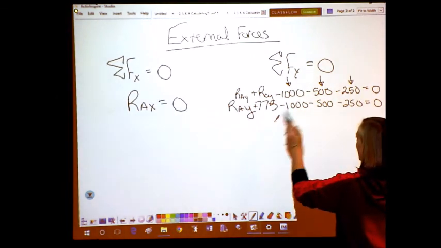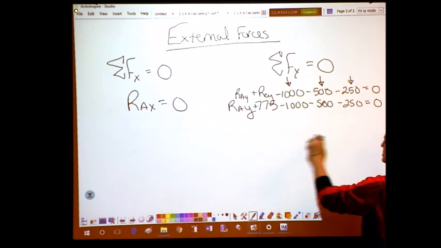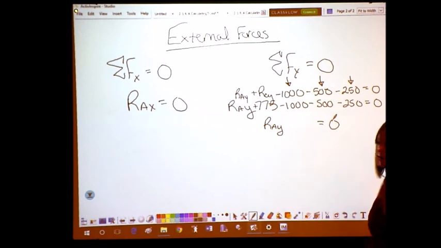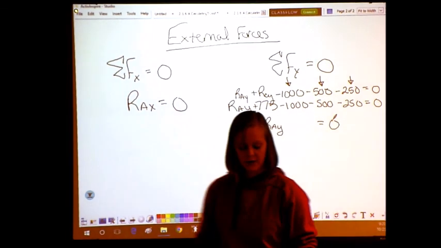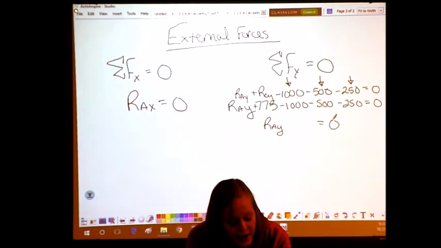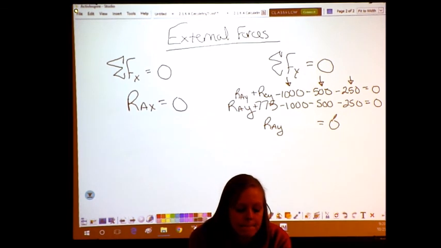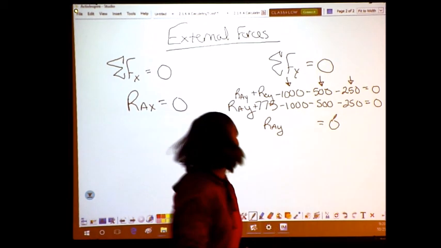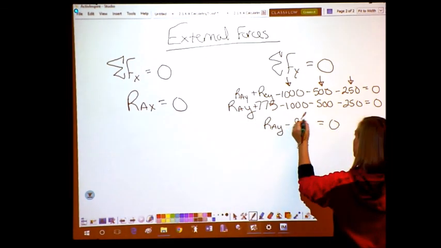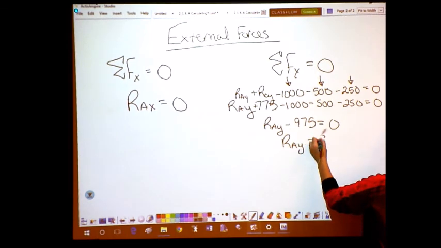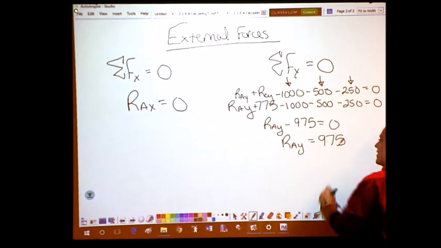Positive 775 minus 1,000 minus 500 minus 250. What do you get before you move it to the other side? You get RAY minus 975. Add 975 over. We get positive 975 pounds.